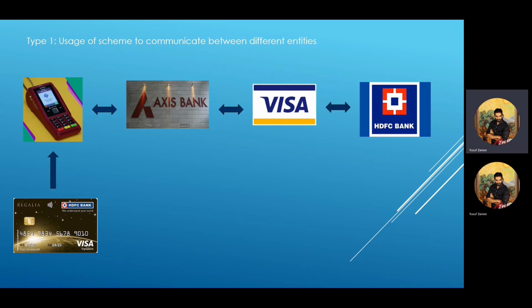So this is a normal flow. It's called type 1 flow, also called off us flow. The reason it is called off us is because the transaction is happening outside the network of the acquirer. In this case, Axis Bank was the acquirer, and the validation is happening outside its network, in HDFC's network. That's why it is also called an off us transaction.